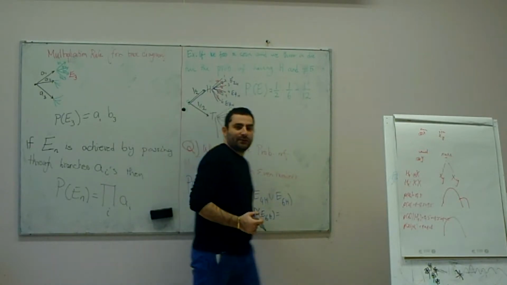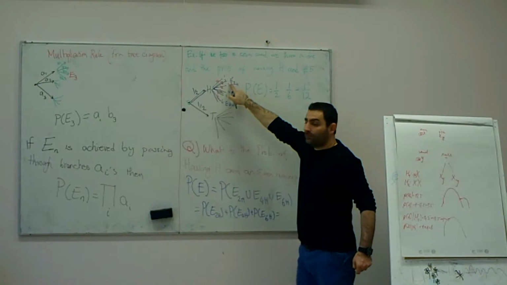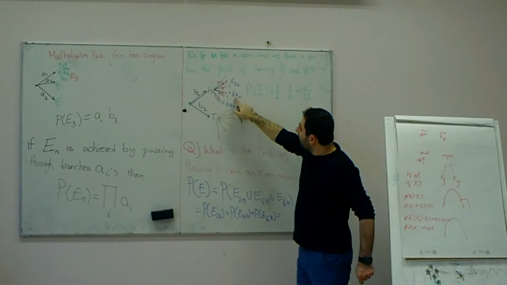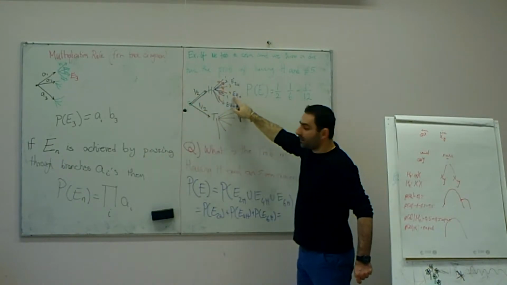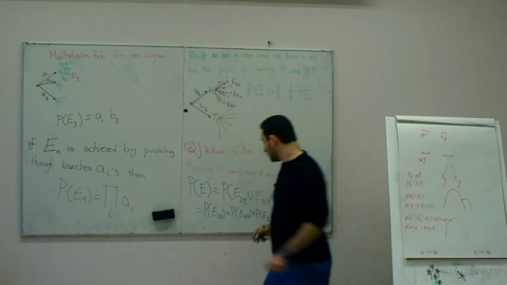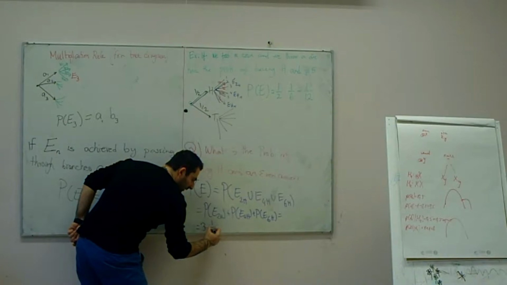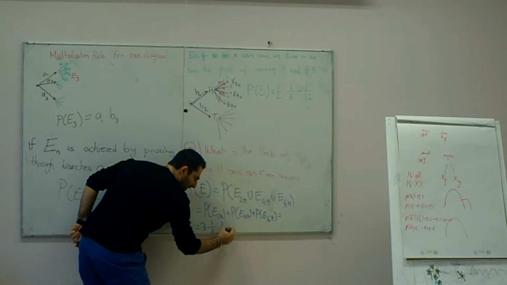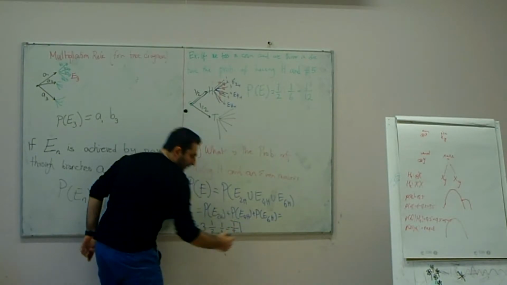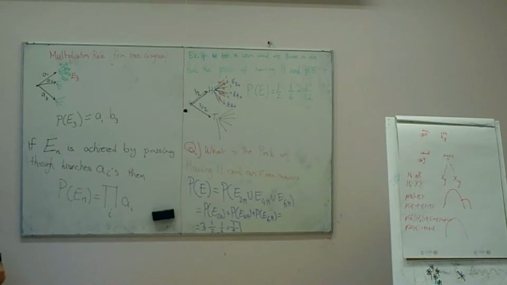Now, by the multiplication rule, we know that E2 head is 1 over 2 multiplied by 1 over 6. E4 head, 1 over 2 multiplied by 1 over 6. E6 head, 1 over 2 multiplied by 1 over 6. So it will be 3 multiplied by 1 over 2 multiplied by 1 over 6, which will be 1 over 4. So the probability of having head and an even number is 1 over 4.